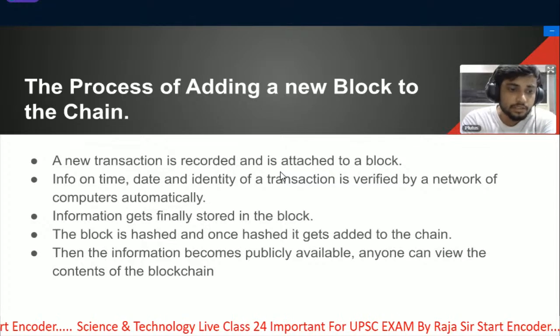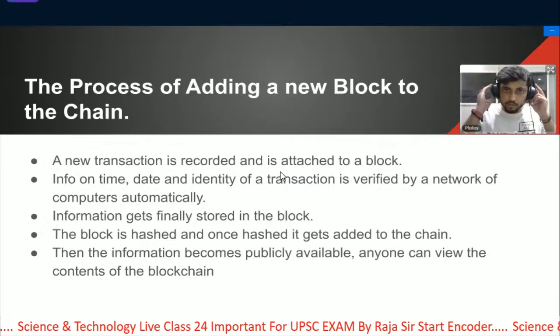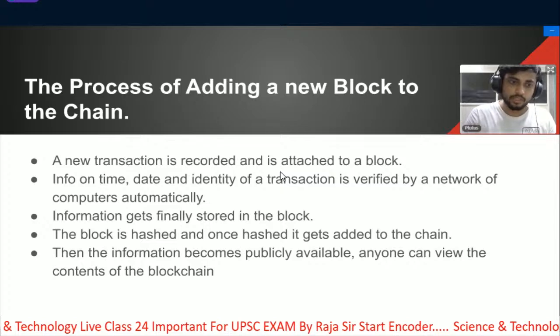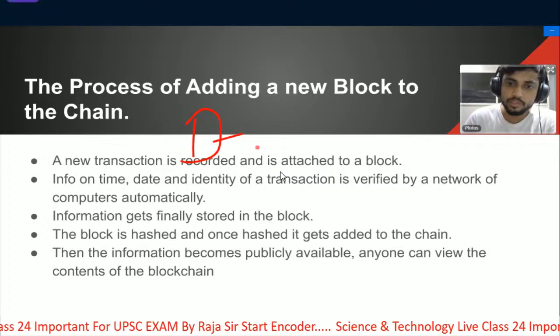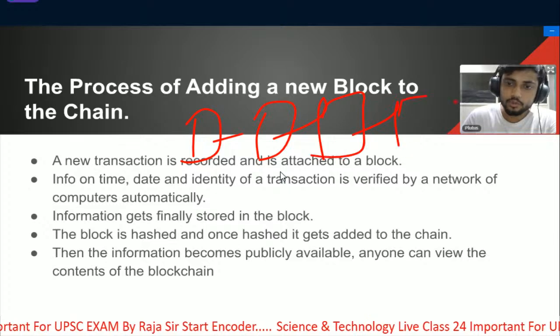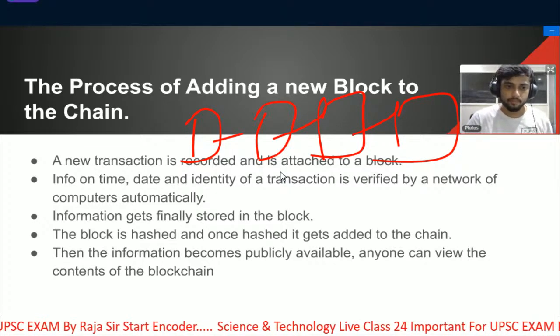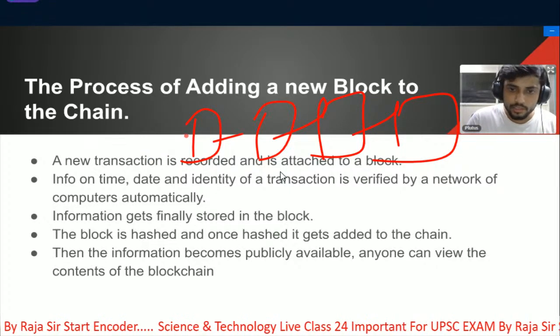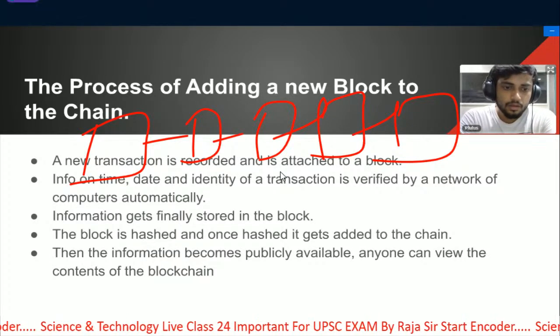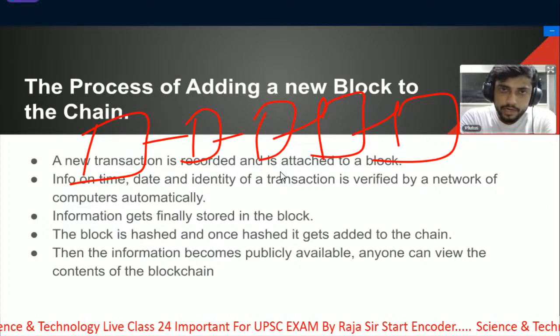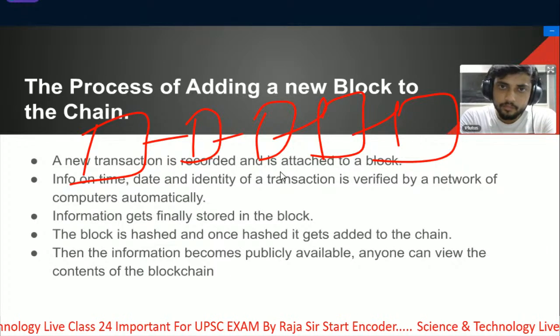Okay, the bitcoins are related to blockchain because the bitcoins are using the blockchain technology. So this technology of blockchain is used to generate a cryptocurrency. Suppose there is a digital wallet and there is a digital currency.